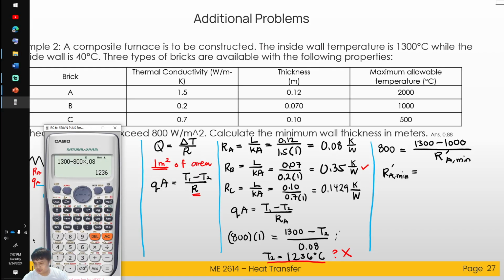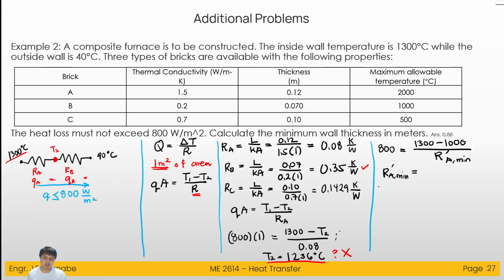So to find this RA minimum, I can just do this mentally. So 300 over 800. This will be 0.375 Kelvin per watt. So the problem here is this is the total needed resistance, but we only have this per each brick. So we have to divide to find how many bricks we need.